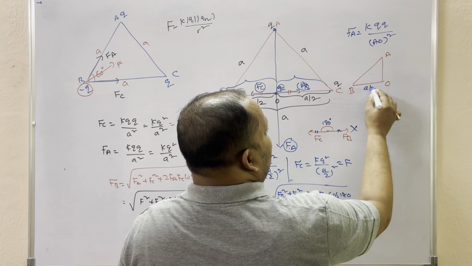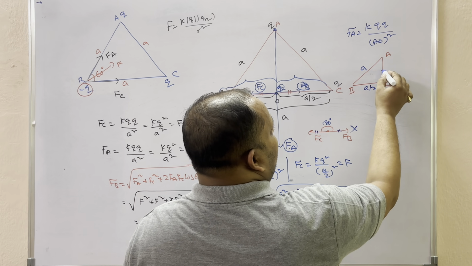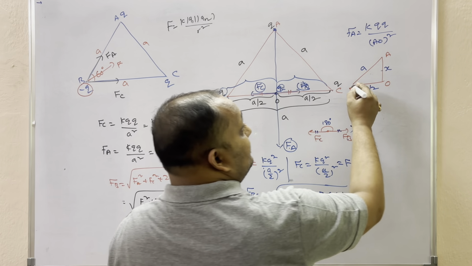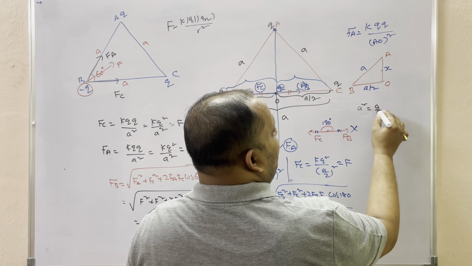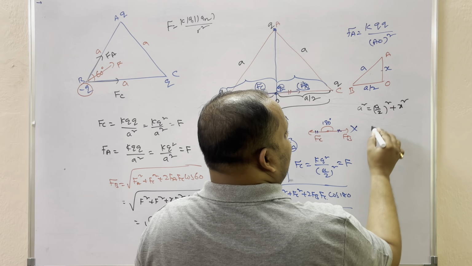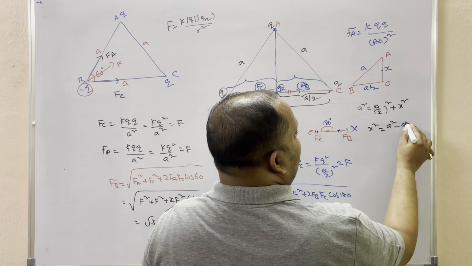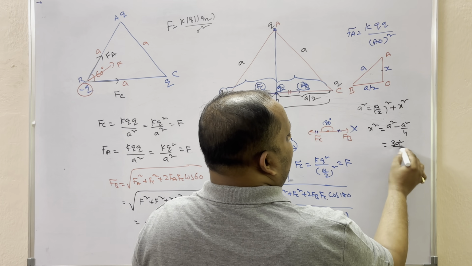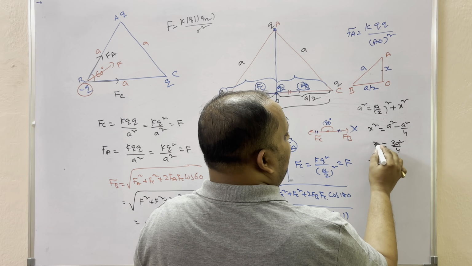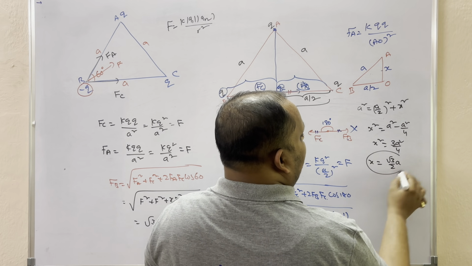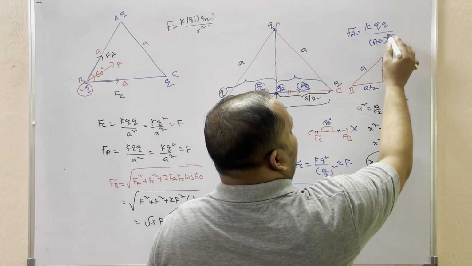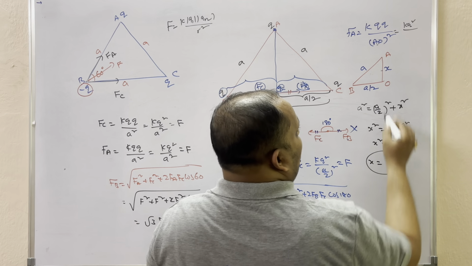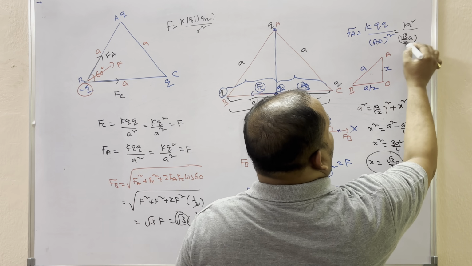We said this is A by 2, this is A. Then this one, if you want to find, you can assume X. According to Pythagoras theorem, diagonal square equals A square, equal to A by 2 whole square plus X square. What is X square? A square minus A square by 4 if you send this side. So 3A square by 4, X is going to be root 3 by 2 A. Substitute this X here, that is AO. So KQ square by, what is AO now you got? Root 3 by 2 A whole square.